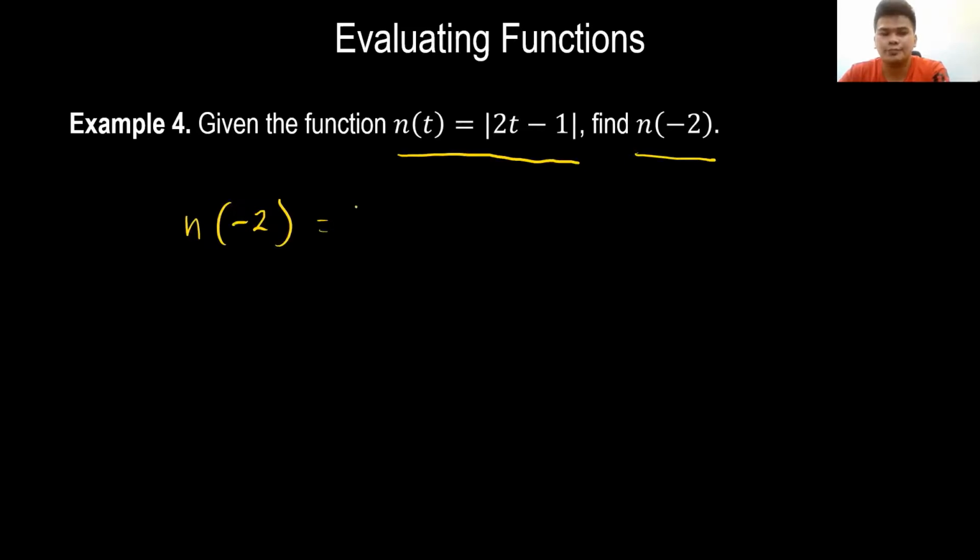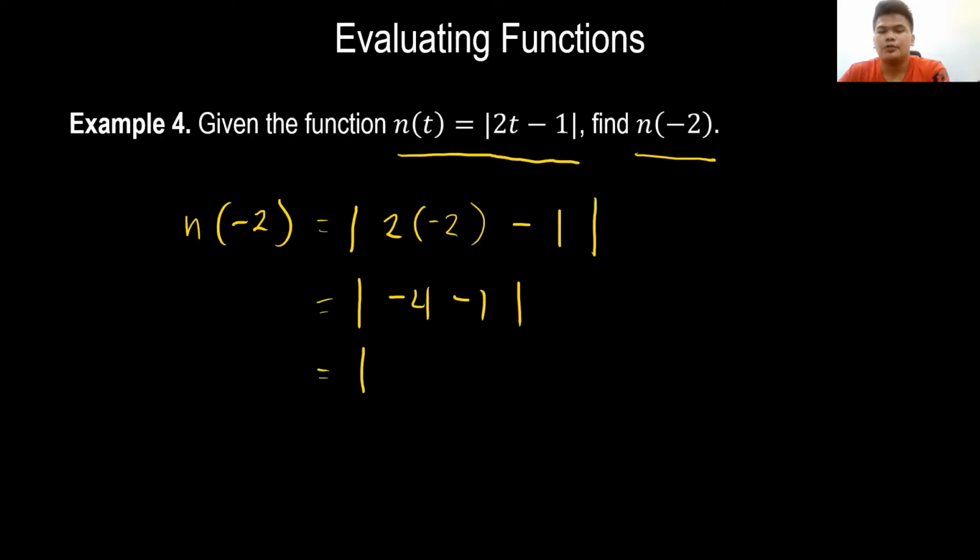So we have the absolute value of 2 times negative 2 minus 1. Hence, we have the absolute value of 2 times negative 2, that's equal to negative 4 minus 1. Okay, so this gives us the absolute value of negative 5.